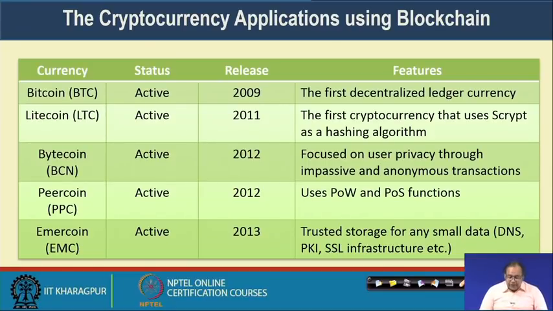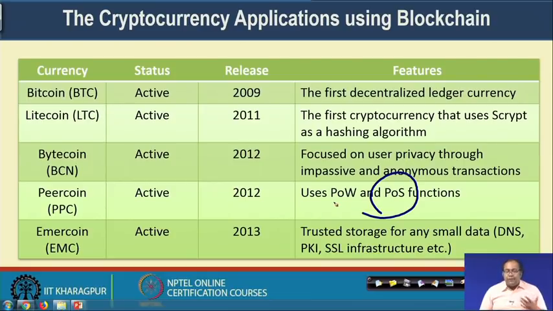Then in Peercoin, which came in 2012, they used another consensus algorithm along with proof of work, which is called proof of stake. The details of proof of stake we will discuss when we concentrate on different kinds of consensus algorithms. Peercoin has taken POS, proof of stake, as its mining algorithm. Then in 2013 there was Emercoin.